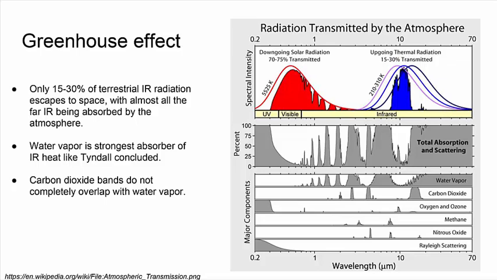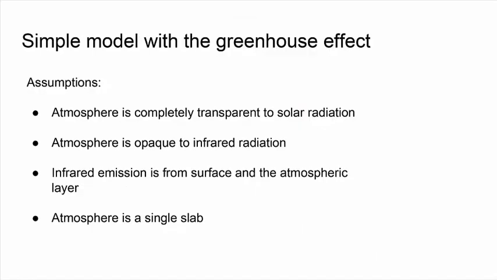Right. So now with this information on greenhouse gases, we can go back to that simple model we had with no atmosphere, and then add in an atmosphere and see what happens to Earth's surface temperature. We have to make some assumptions to do this. The first is that the atmosphere is completely transparent to solar radiation, so all incoming solar radiation gets down to the surface.